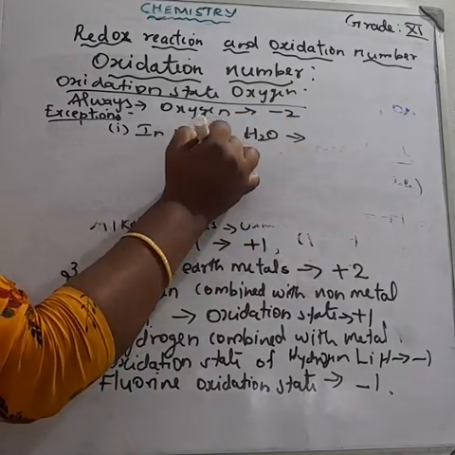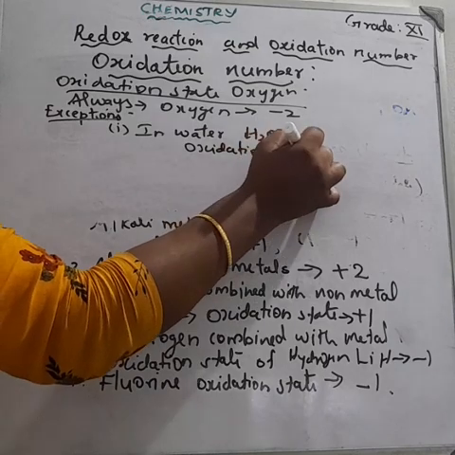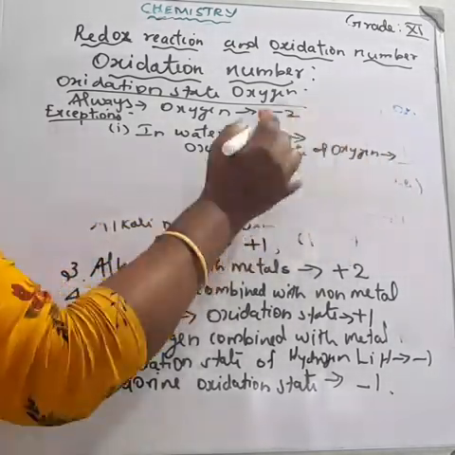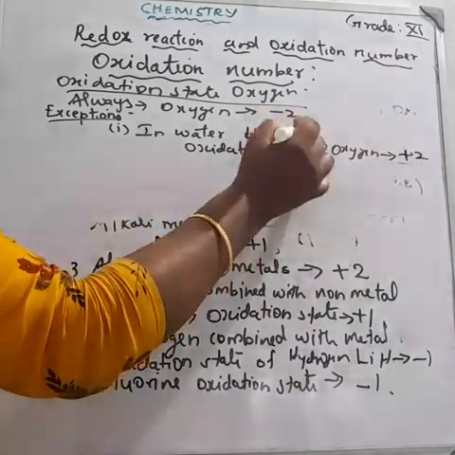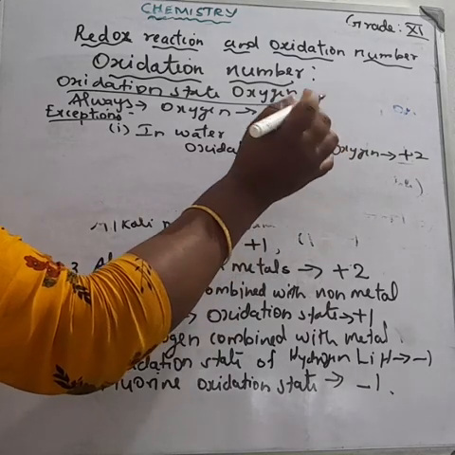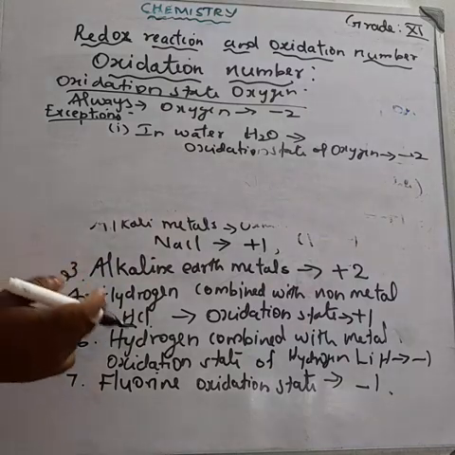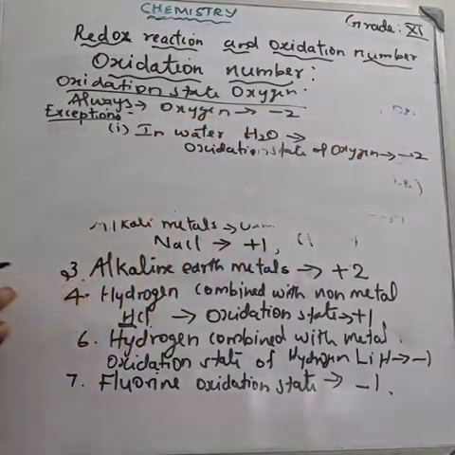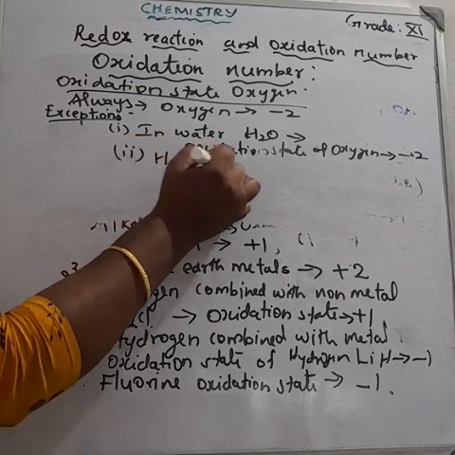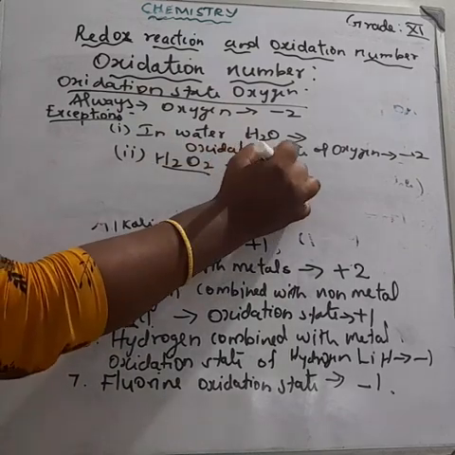Because hydrogen has oxidation state +1, and 2 hydrogens give +2. So only when the oxidation state of oxygen is -2 will the charge be neutralized. So in water, the oxidation state of oxygen is -2. And next case, hydrogen peroxide, H2O2.